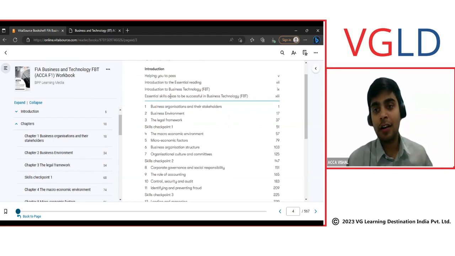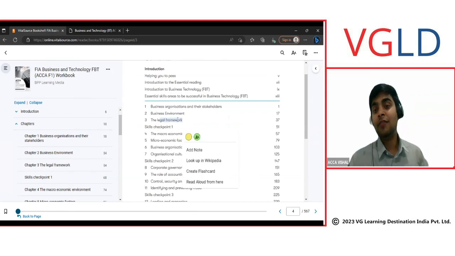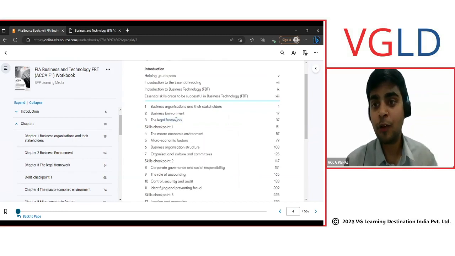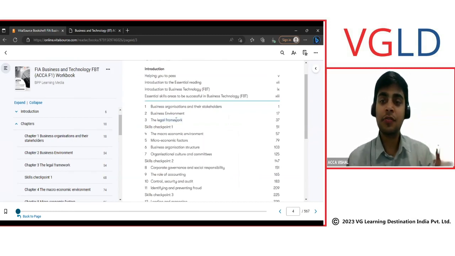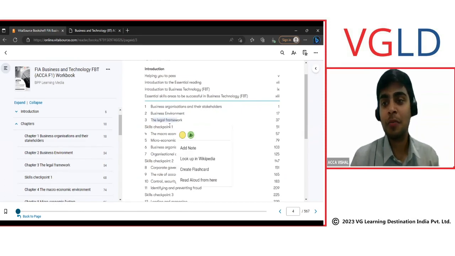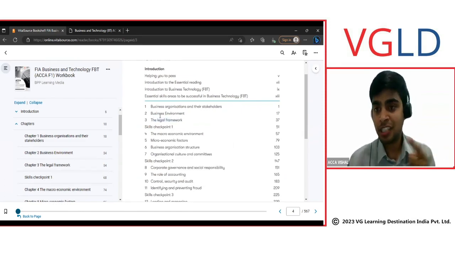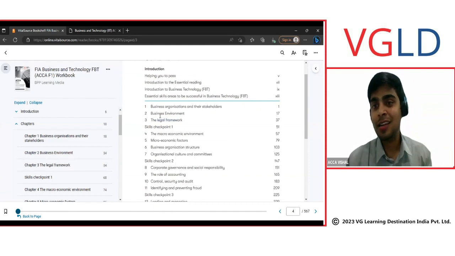There's going to be a legal framework, as companies are required to follow laws. Even businesses which are not companies, like sole proprietorships, partnerships, and cooperative societies, we'll cover all of this. They are required to follow some legal framework, like taxation, auditing requirements, and compliance. Many things are going to be covered.